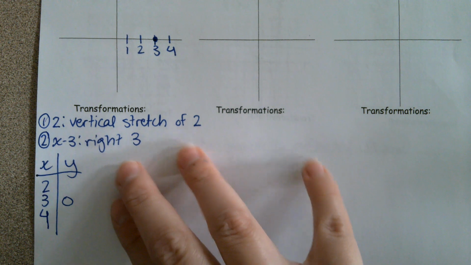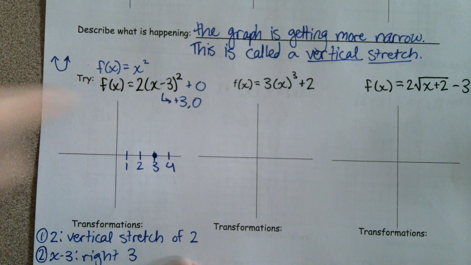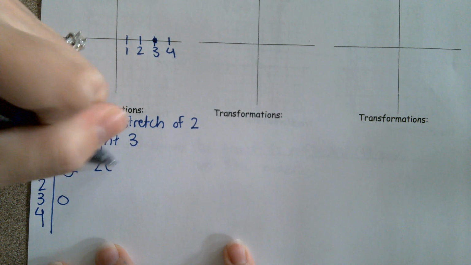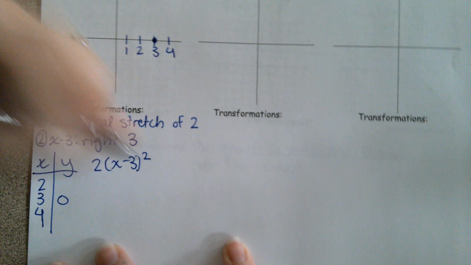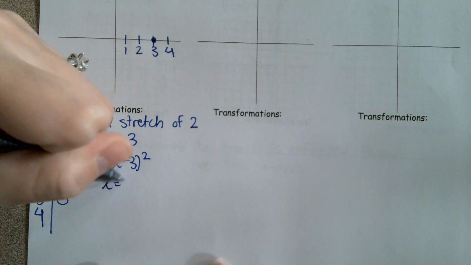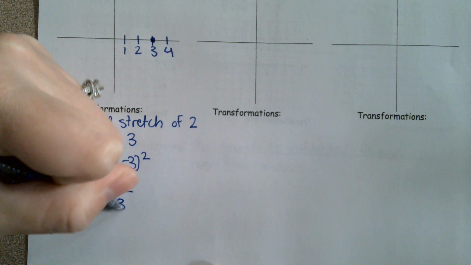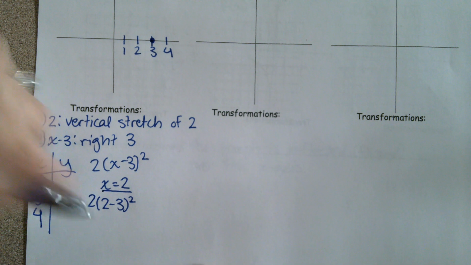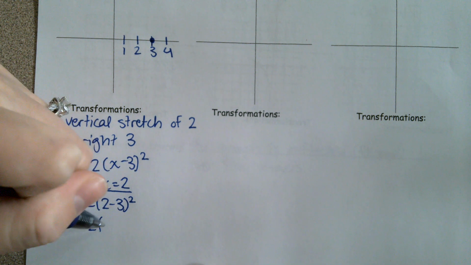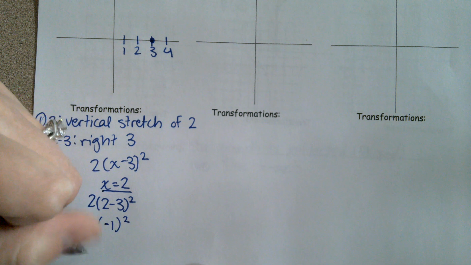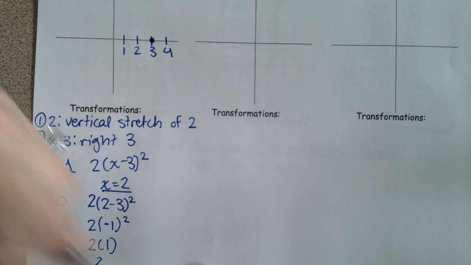To get my y's, I just plug it back into my equation up here. 2 times x minus 3 squared. So for x equals 2, we have 2 times 2 minus 3 squared. 2 minus 3 is negative 1 squared. Negative 1 squared is a positive 1, so it's 2.